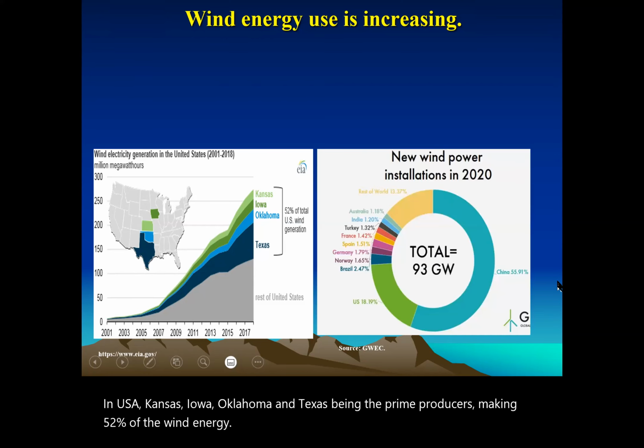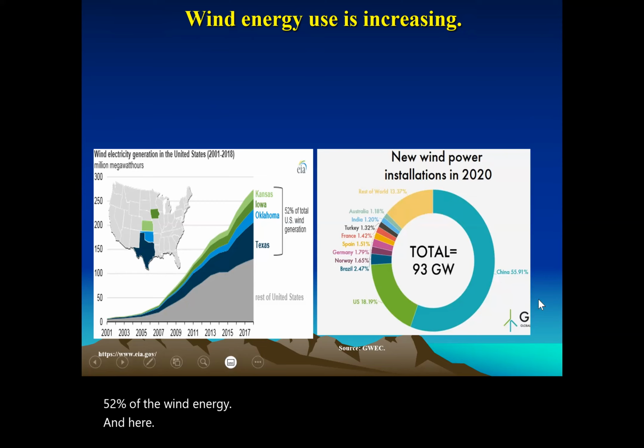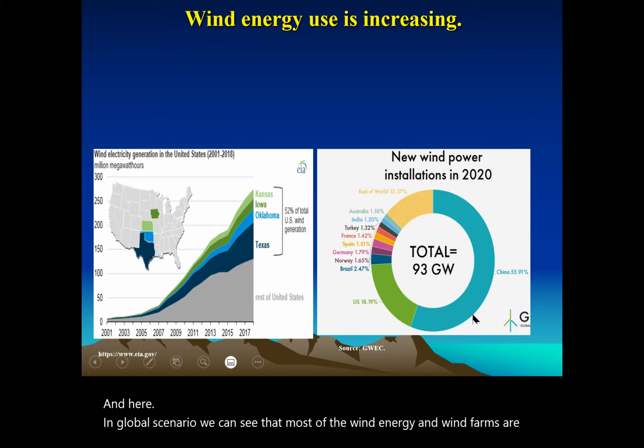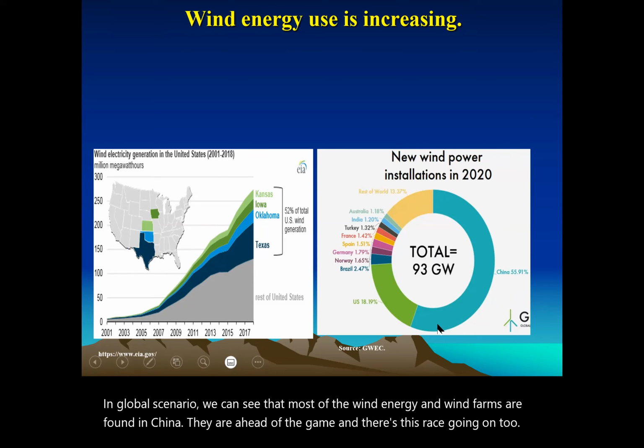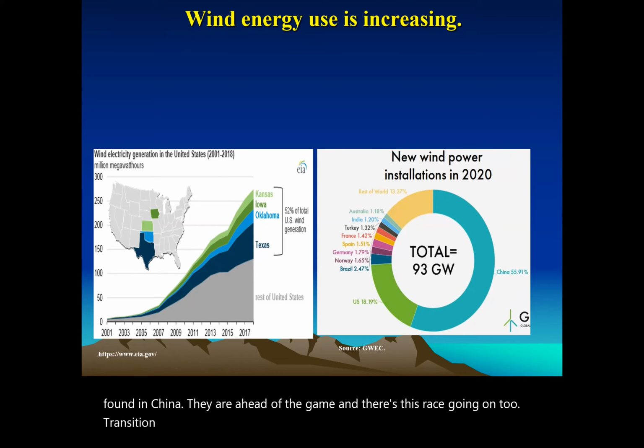And in the global scenario, we can see that most of the wind energy and wind farms are found in China. They are ahead of the game. And there's a race going on to transition to renewable energy. USA 18%, China 55%.